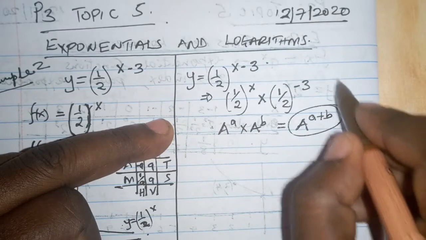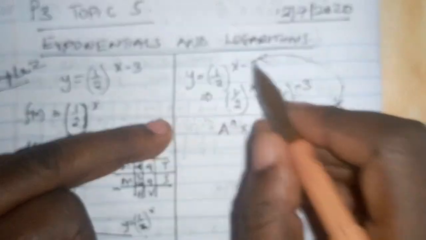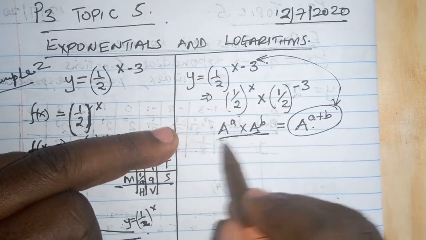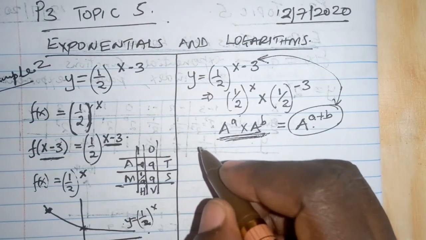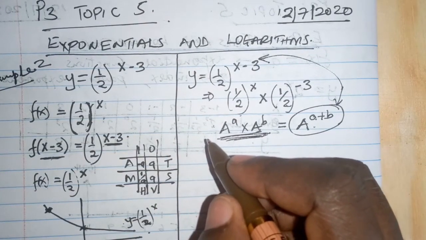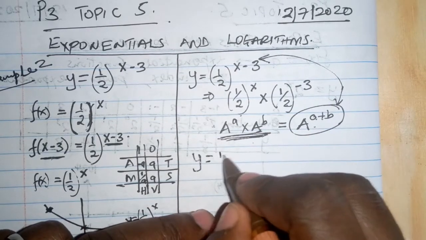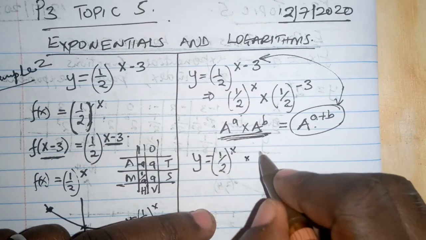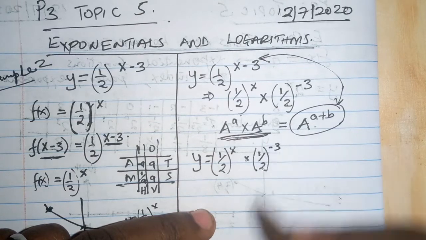This particular arrangement is what we had here, but we have been able to separate the terms into this format. Therefore, our new value of y is equal to a half raised to power x multiplied by a half raised to power -3.